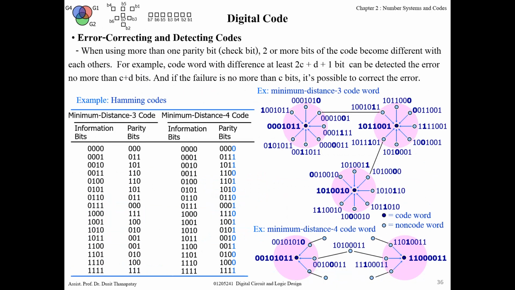So for example, if I have 4 information bits and I add 1 parity bit to check, now I can only check whether there is some error or not.